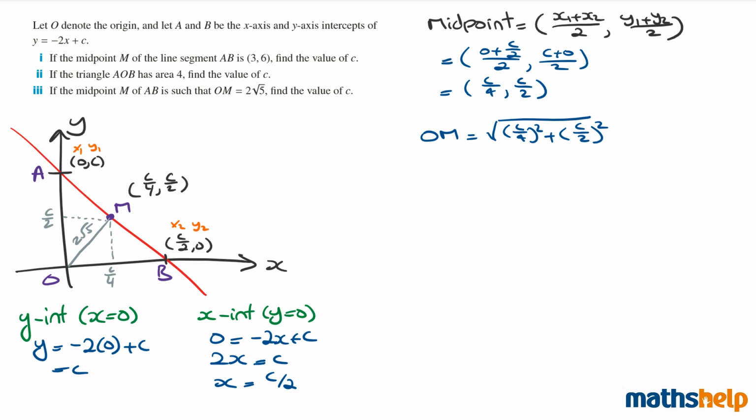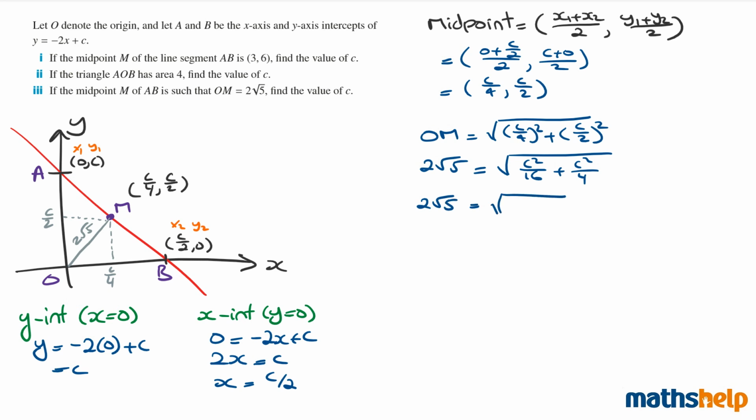And we know that OM is 2 root 5, so that's going to be the square root of c squared on 16 plus c squared on 4. So this is going to be 2 root 5 is equal to the square root.